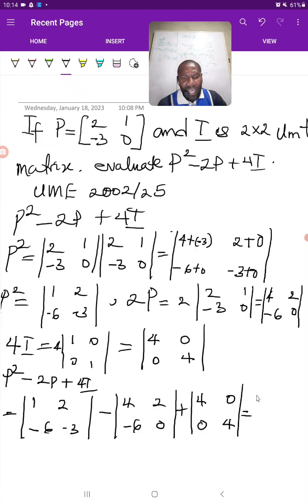You discover that they all have the same number of rows and columns. So this is the place to write the final answer. 1 minus 4, making minus 3. Minus 3 plus 4 will give you 1.